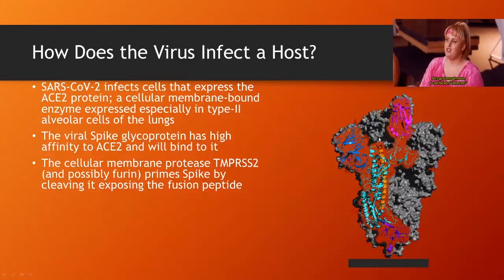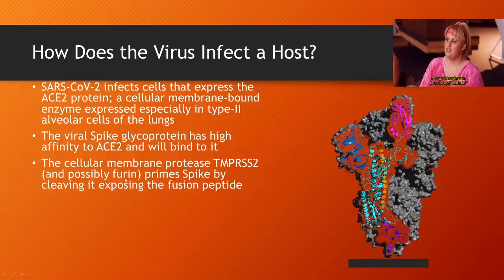Once it binds to that, TMPRSS2 is going to actually cut the protein in two. And then that opening of the protein is going to expose another part of the protein, the fusion peptide. This is the peptide that's responsible for actually fusing the membrane of the virus with the membrane of the cell. All right.